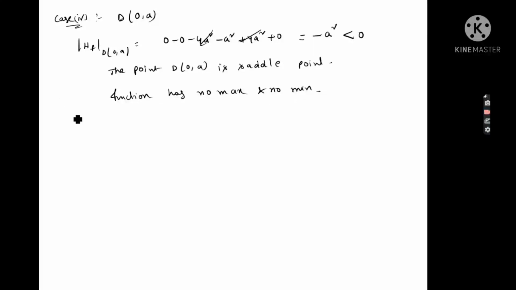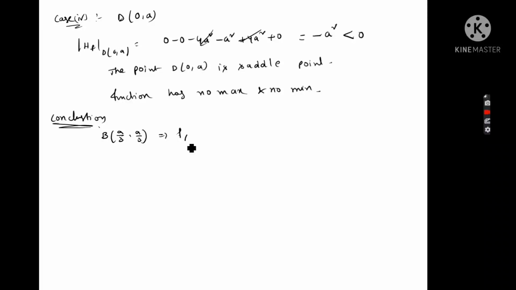So all the stationary points we completed. Now the conclusion. Write the conclusion: at which point the function has maximum or minimum value. So only at the B point, B (a/3, a/3).